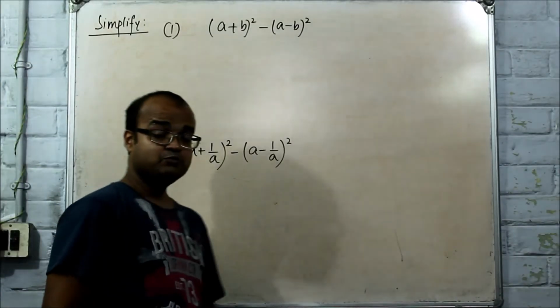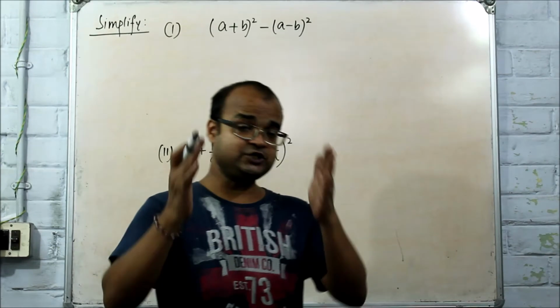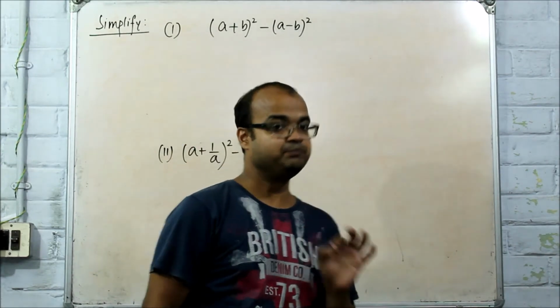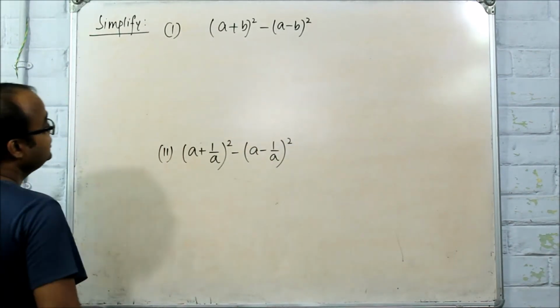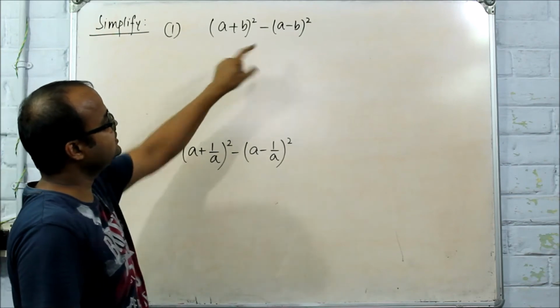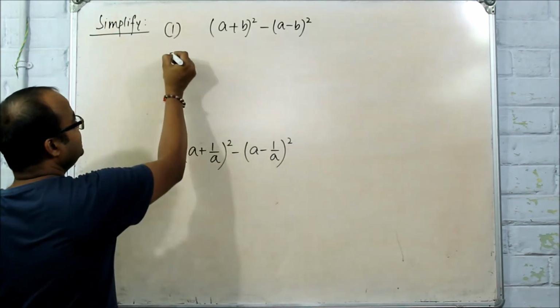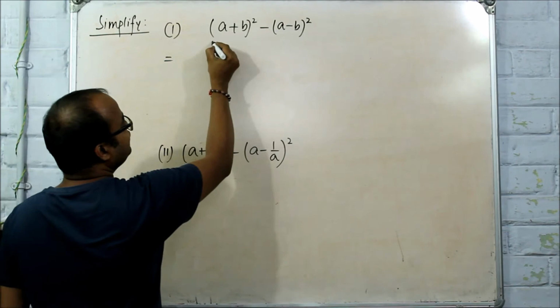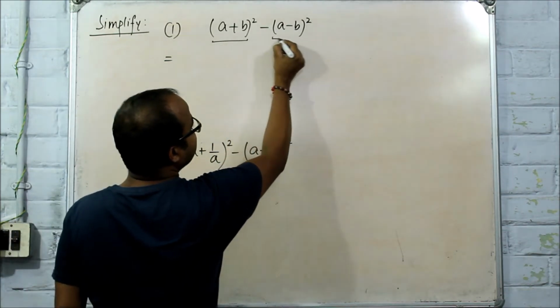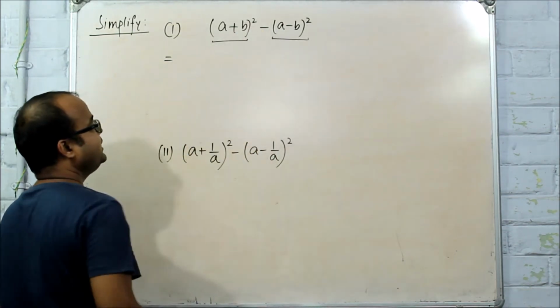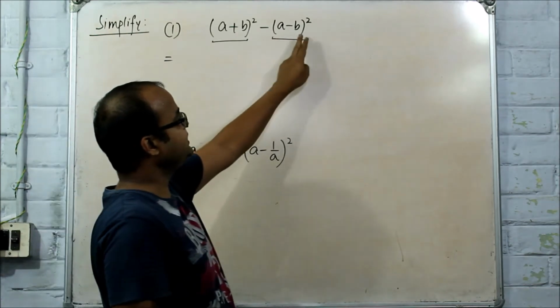Now, moving into the next set of problems, we need to apply the formulas and simplify the terms. Let us take this example first. Here we are going to apply the formulas of a plus b square and a minus b square.